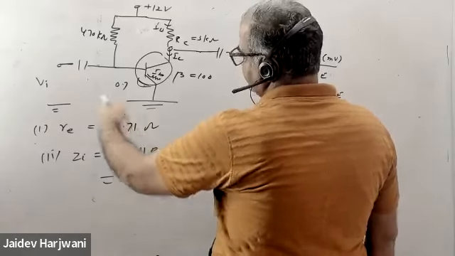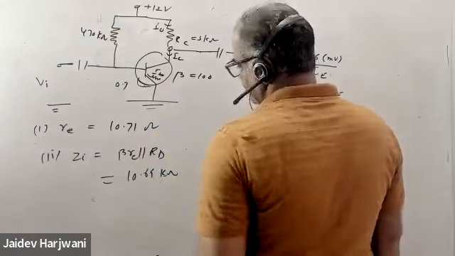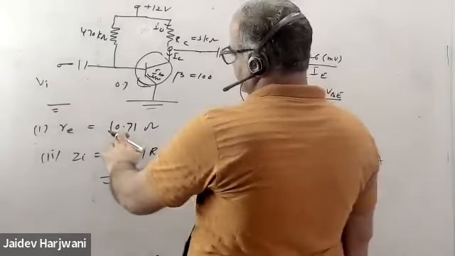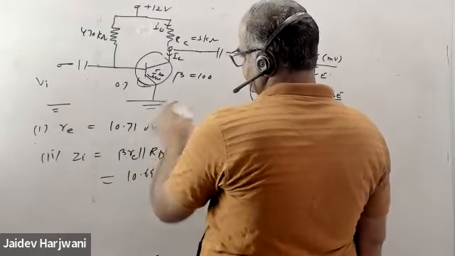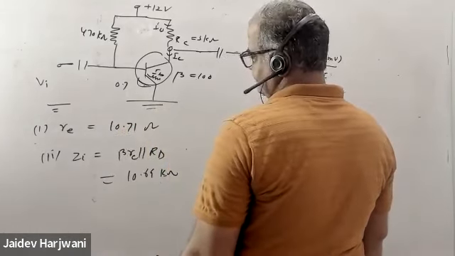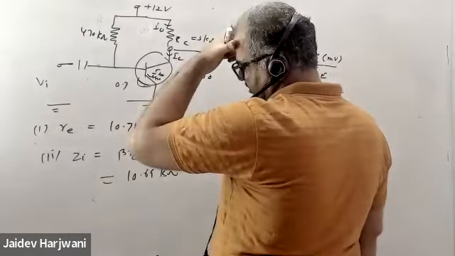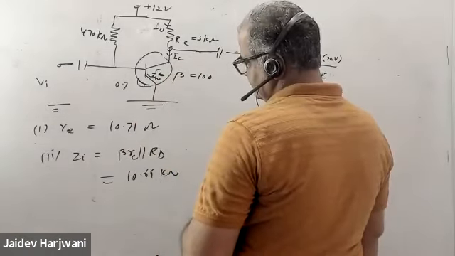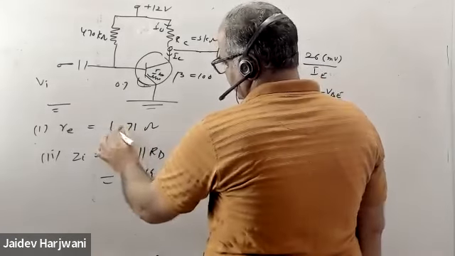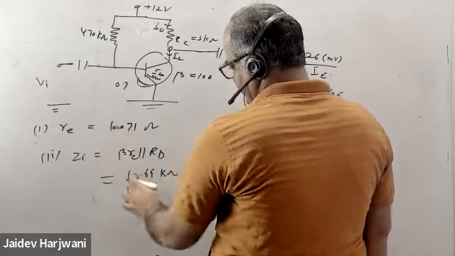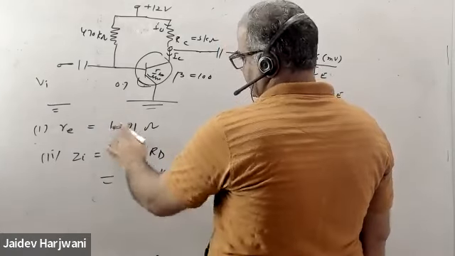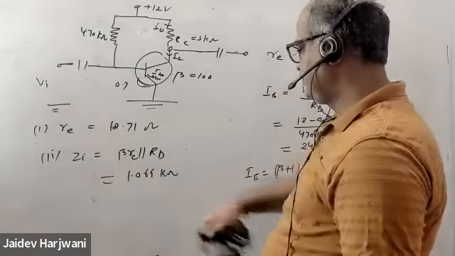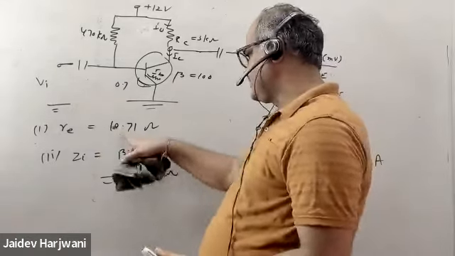Still, 470 is very high compared to 1 kilo ohm, so it should come around only 1 kilo ohm. So 10.7 multiplied by 100 gives 1071 ohm, so it should be 1 kilo. Yes sir, approximately 1 kilo, so 1.069 kilo. Okay, this is 1.07. Fine, whatever comes should be equal to that. Correct.